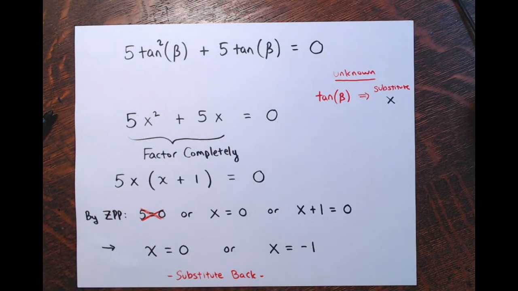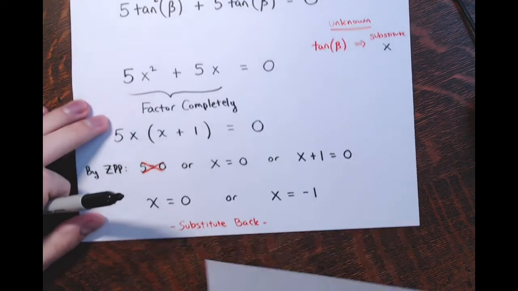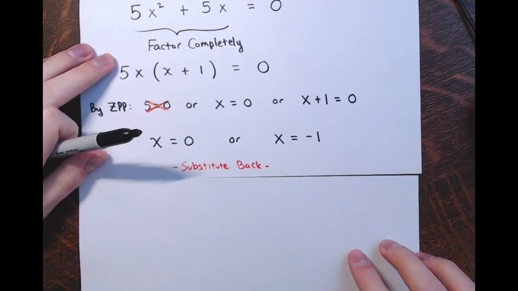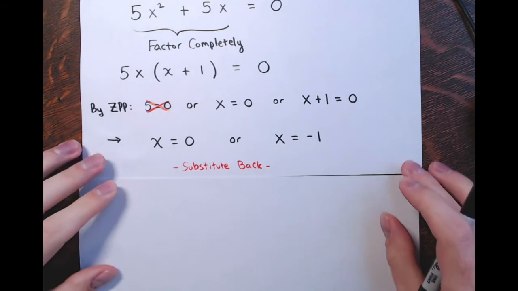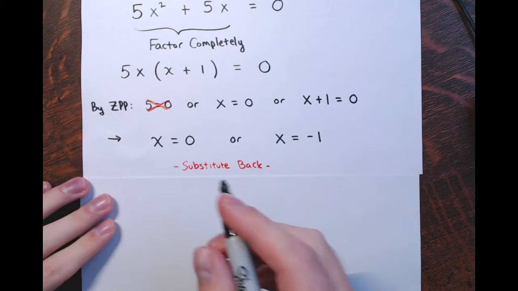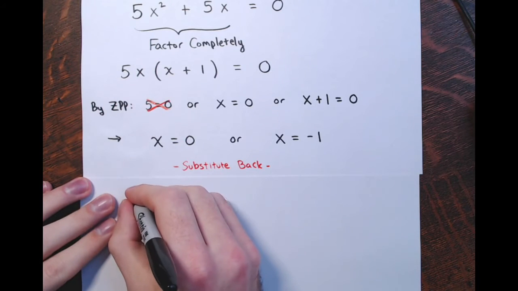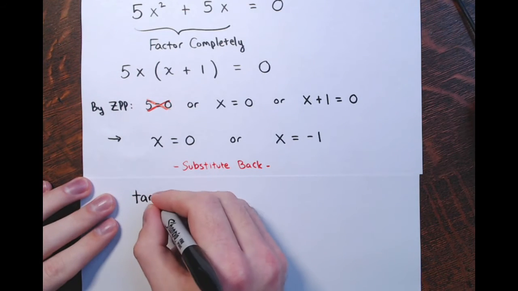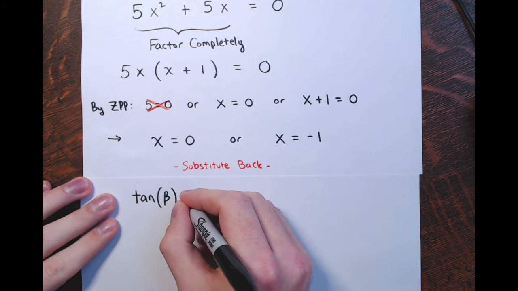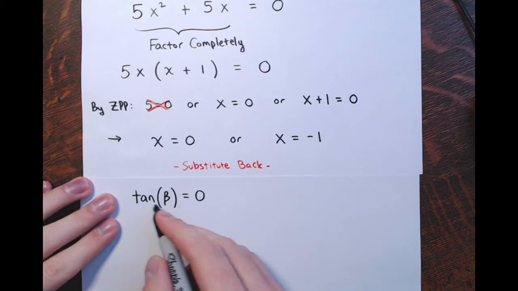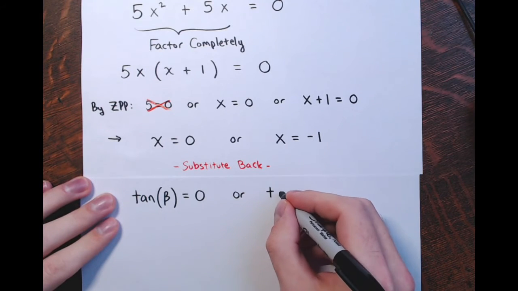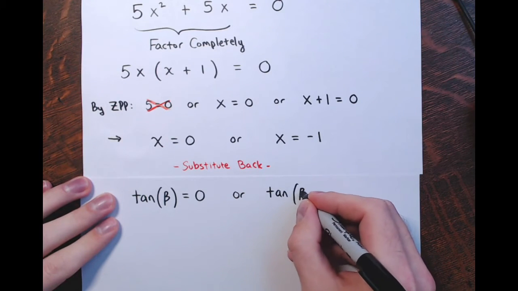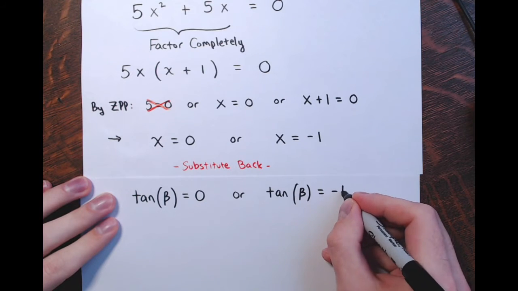When I substitute back, I get two linear equations in tangent, and hopefully you recall a previous assignment where you solved linear equations. Remember, every time I see x, that was the tangent of beta. So either the tangent of beta equals 0 or the tangent of beta equals -1.